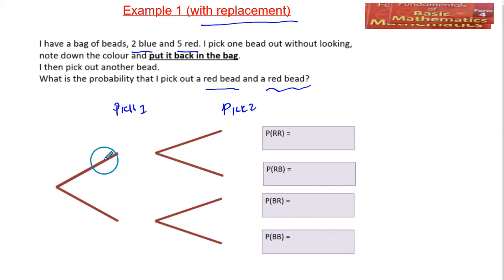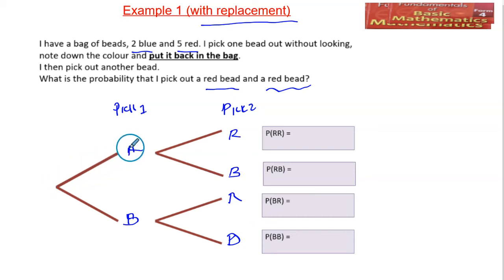So first time I pick a bead, what could I get? I could get a red or a blue, and then I could get a red again, or a blue, or red, or blue. Sorry about my pen.